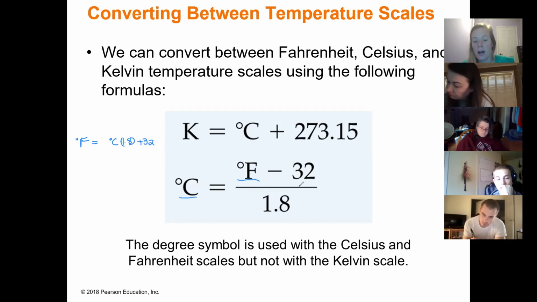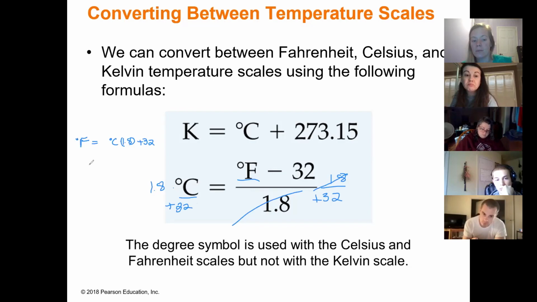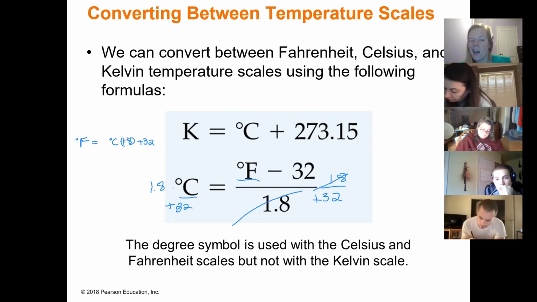So if I isolate the variable, I multiply by 1.8, and then add 32. That's where I'm getting that value from. So Fahrenheit is Celsius times 1.8 plus 32.